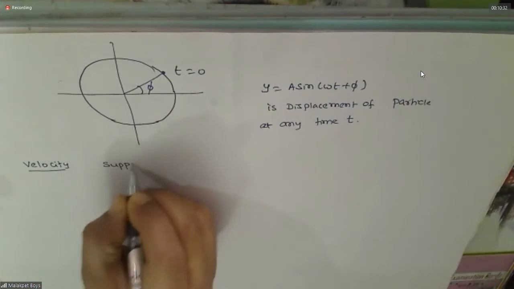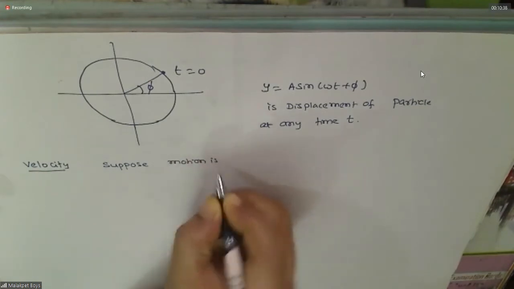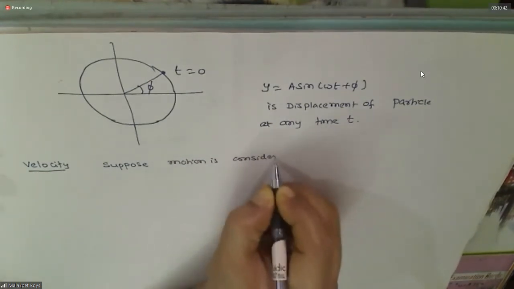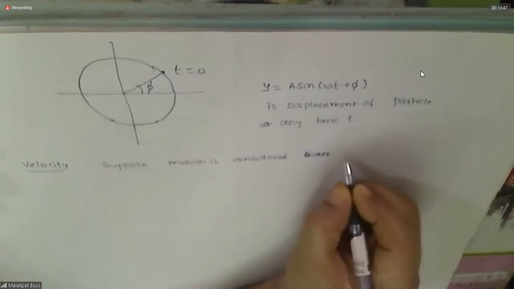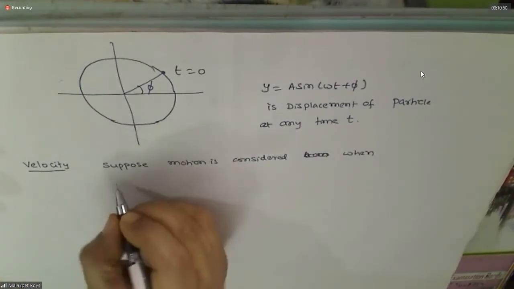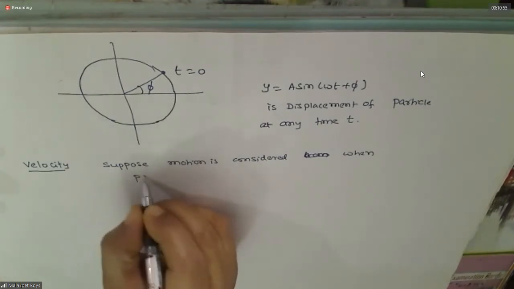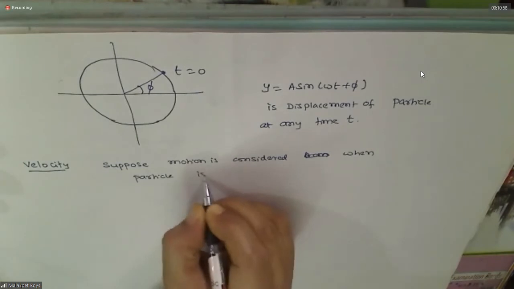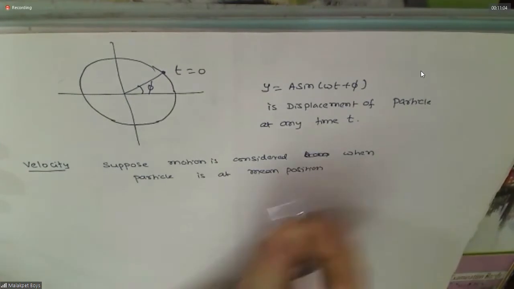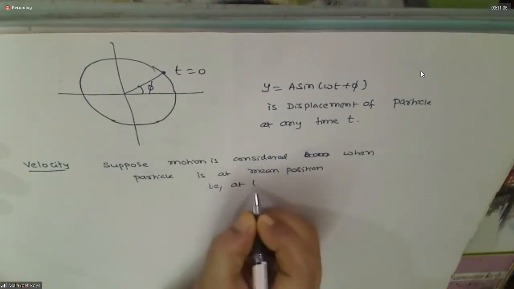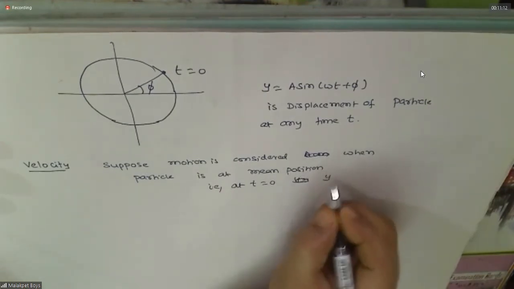Suppose the particle is at mean position, that is at t equals 0, y is 0.